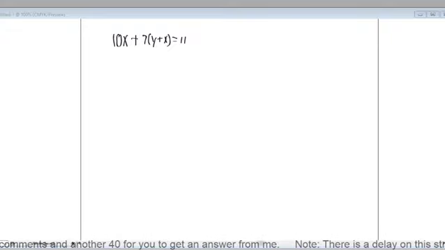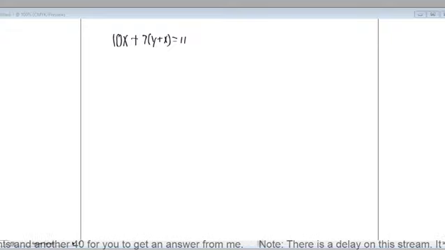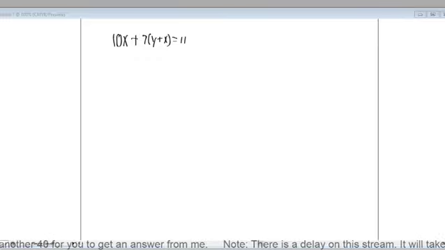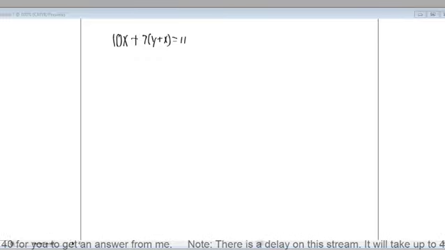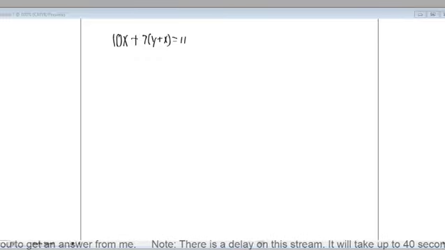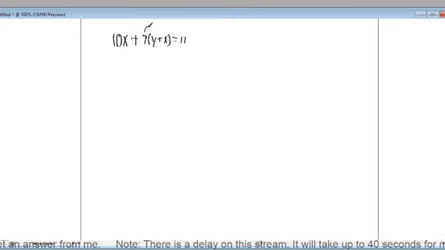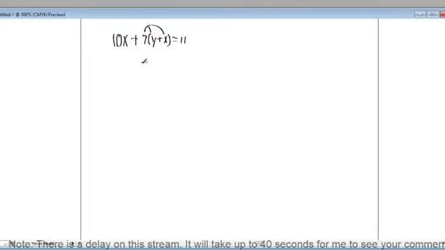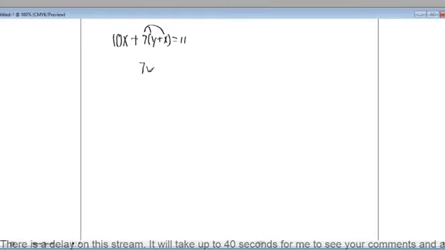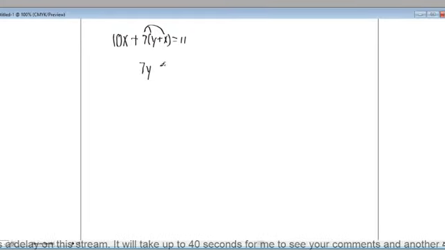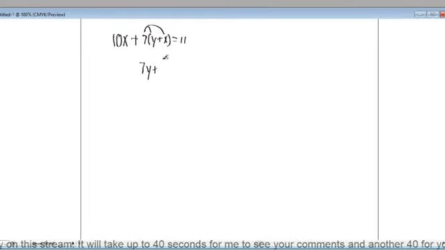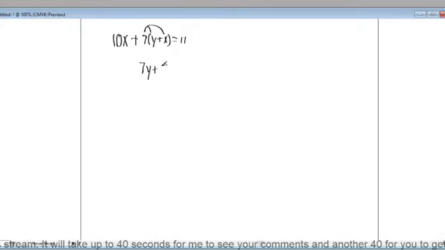So, let's see, we have, again, parentheses. We want to get rid of those parentheses so that we have access to the numbers inside, and we're going to do that by distributing. So distribute that 7 in. And so that's going to give us 7y plus 7x.